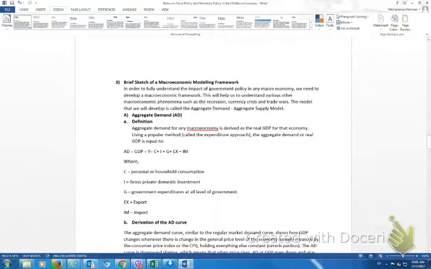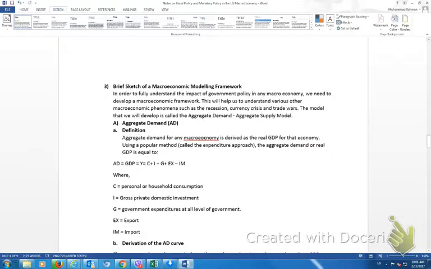Aggregate demand talks about the real GDP of the economy, and there are various ways to calculate real GDP. One popular method, called the expenditure method, calculates GDP as the sum of C, I, G, and EX, minus IM, where C is personal or household consumption.